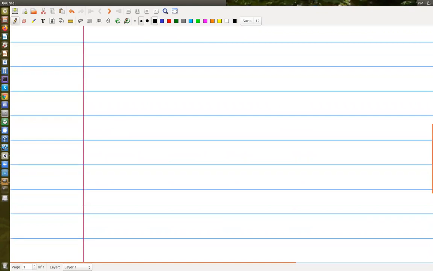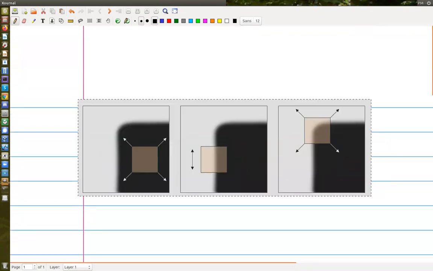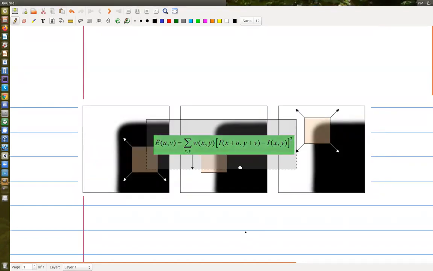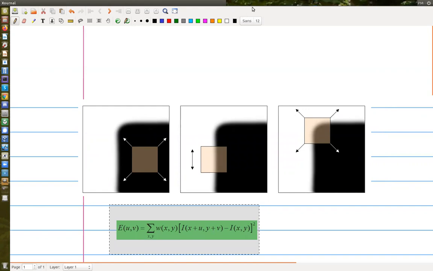Oh, okay, actually that's fine. Let me use this and copy this equation as well.